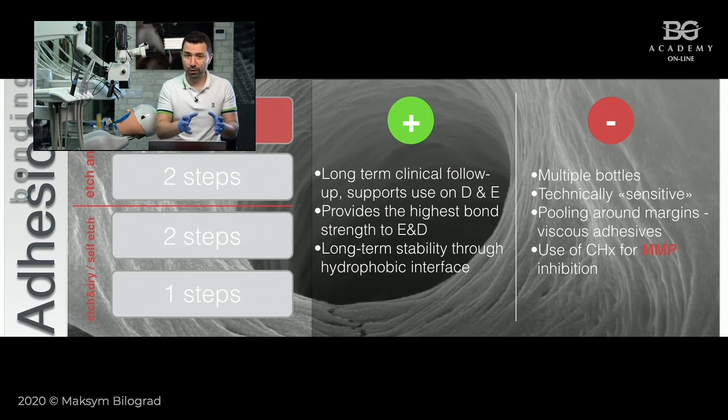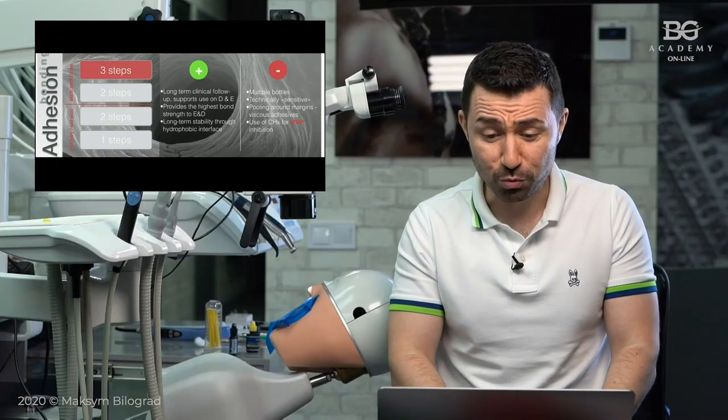In these 2-bottle systems, you have a separate primer, which is a hydrophilic monomer with a solvent inside like ethanol or acetone, and you have separate hydrophobic monomers. But just imagine if you have everything in one bottle. It's easier to implement, but from the chemical point of view, there are questions: how can these substrates live together?